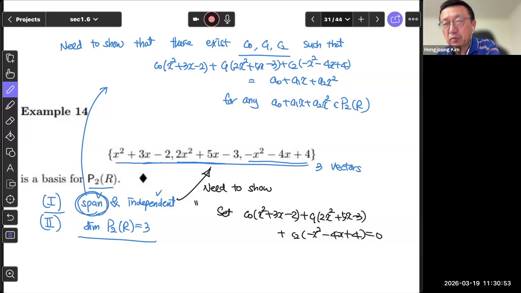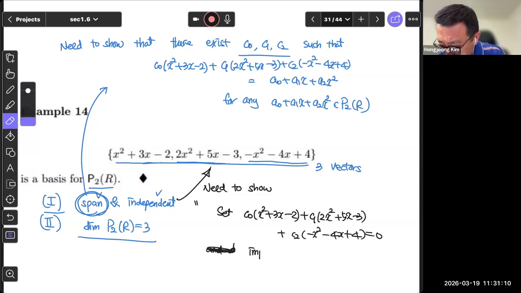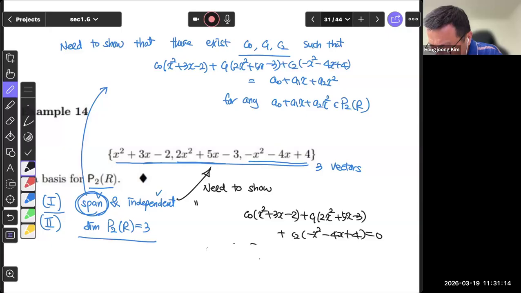You set this to 0 and derive that C naught, C1, C2 are all zeros.